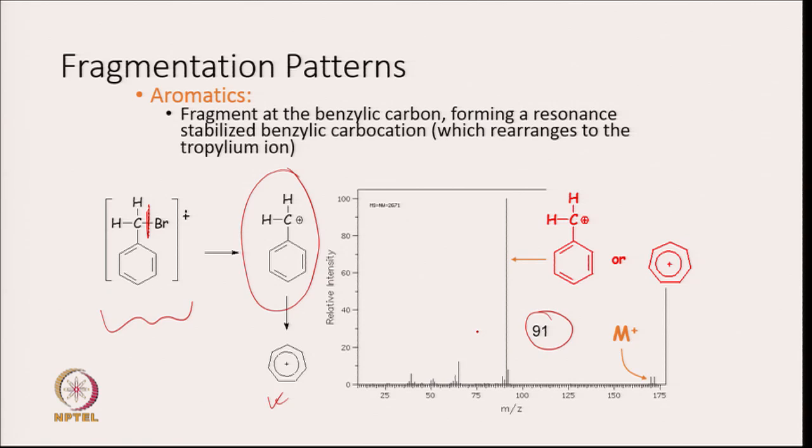So most aromatic compounds will give a peak corresponding to 91 if there is a CH2 group attached, and that is because of the benzylic carbon. The percentage of this will be more because here the plus is resonance stabilized, and so this will be the base peak.